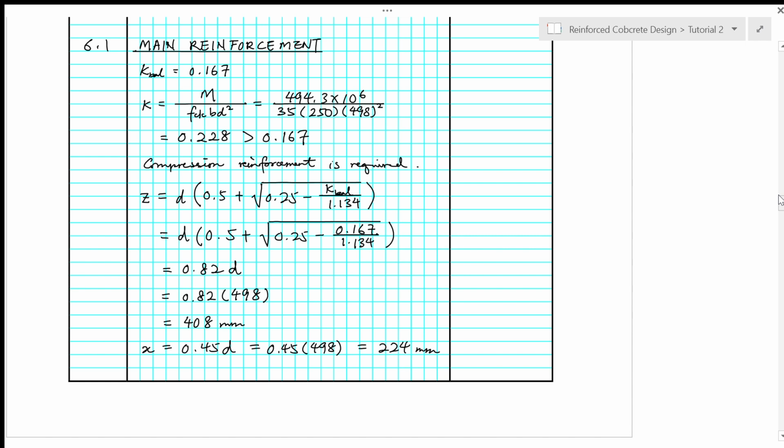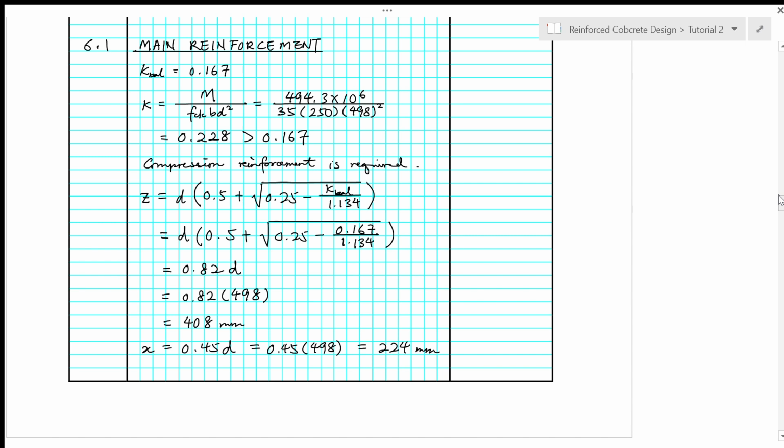So based on the maximum moment, we design the main reinforcement in accordance with Eurocode 2 section 6.1. First we calculate the K value, and we get 0.228, which is greater than K balance of 0.167. This means we need compression reinforcement in the design.